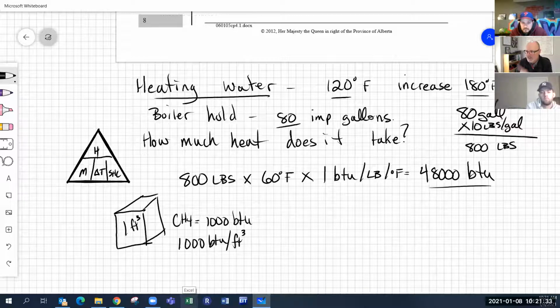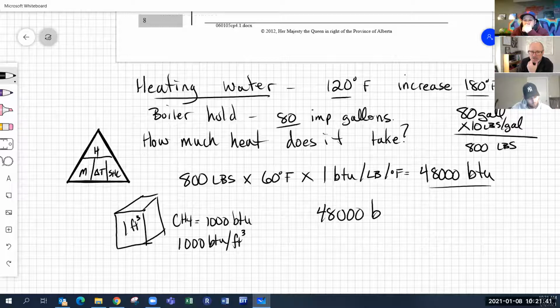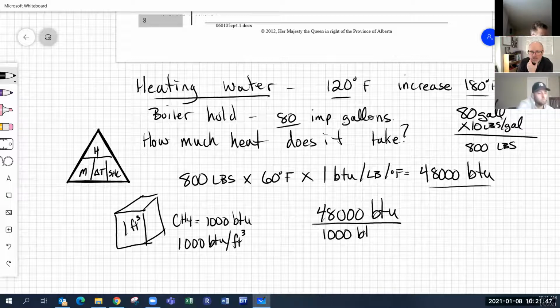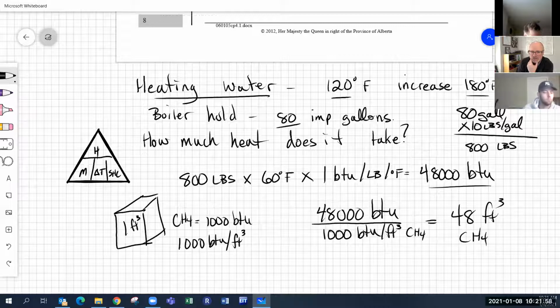That's how many BTUs I get out of 1 cubic foot. So I could say, how many cubic feet of gas do I have to burn to get 48,000 BTUs? I simply divide by 1,000 BTUs per cubic foot of CH4, and that equals 48 cubic feet of natural gas I need to burn to get that heated.